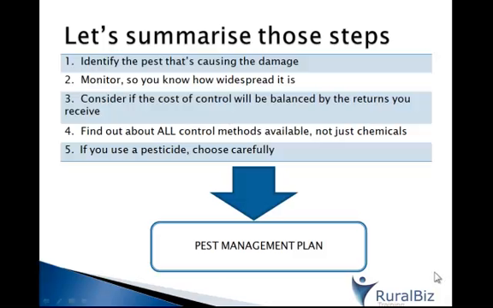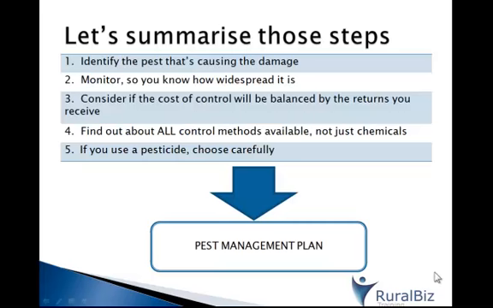Let's summarise those steps in your decision making. Firstly, identify the pest that's actually causing the damage. You may save yourself a lot of money at this stage. Secondly, monitor your situation so you know how widespread this pest is and what actual damage it's causing. Thirdly, consider if the cost of control will be balanced by the returns you receive.